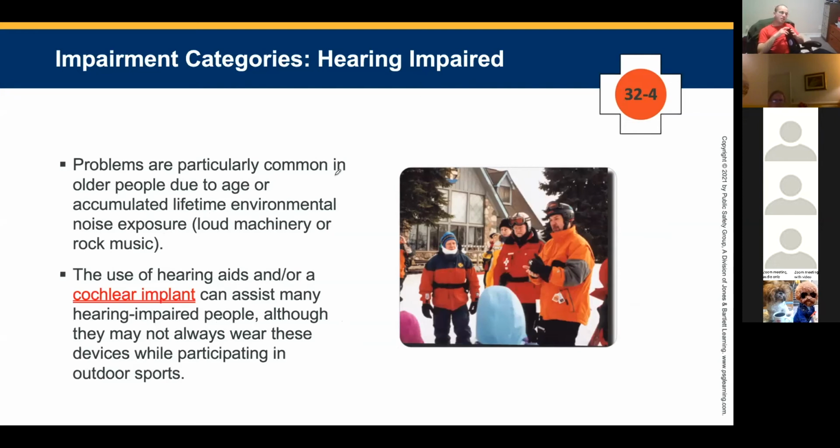Specifically in the pre-hospital environment, and you may see this on ski patrol, where might we see repeated lifetime environmental noise exposure with some of our fellow ski patrollers? Riding snowmobiles. I like that one.